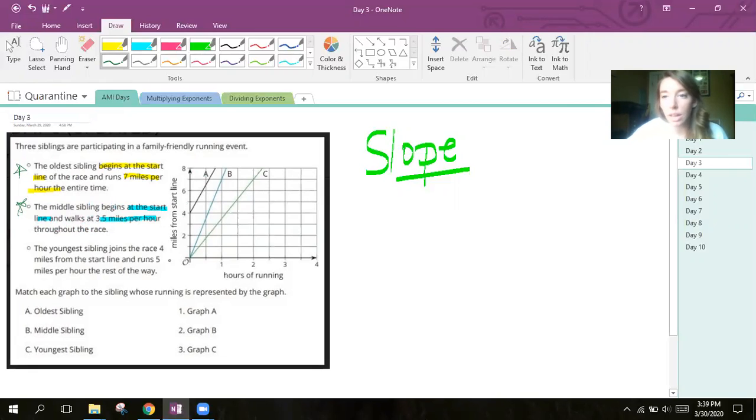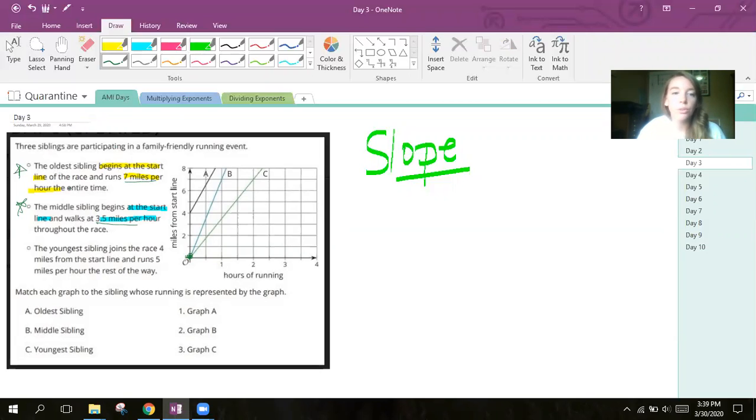Okay, well, the only 2 lines that start at the same point are B and C. They start at 0, the starting point of all of graphs that we know, the origin. Okay, so between those 2, one was going 7 miles per hour and one was going 3.5 miles per hour. So the oldest sibling was going a lot faster. So that means its slope is going to be a lot steeper.